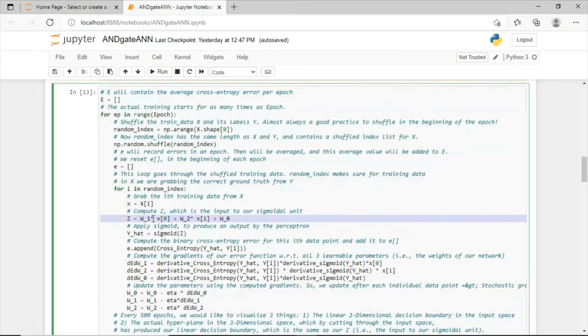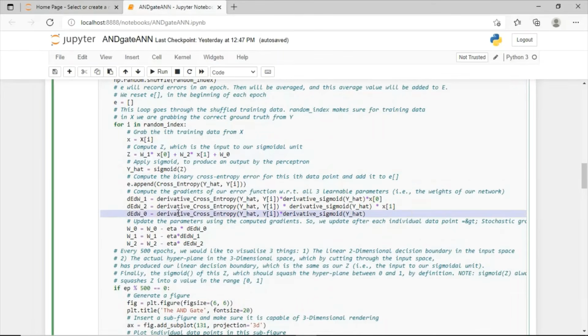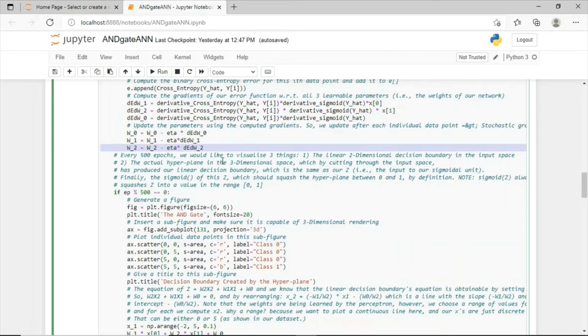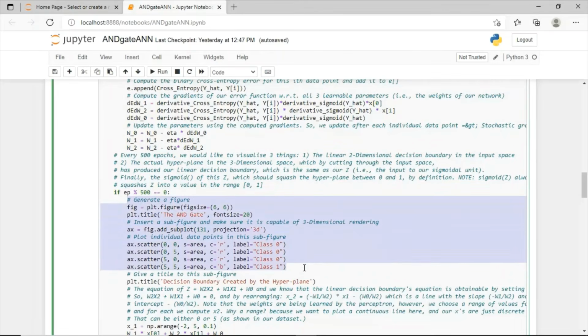We are basically calculating Z, weight times input factor plus bias, and afterwards we are computing some gradients, and then we are updating the parameters using the computed gradients. Then we find out the outcome after every 500 epochs, and we plot the values according to the class label. So here I have created the class label.